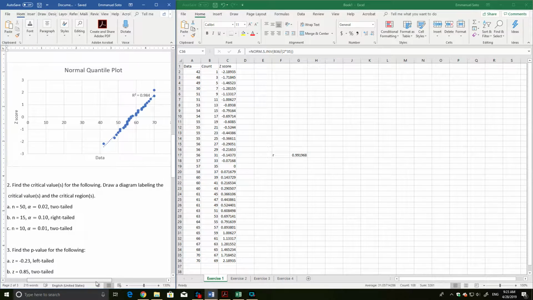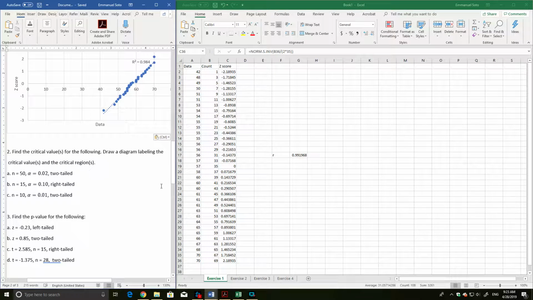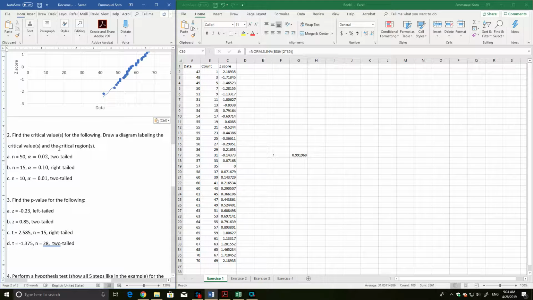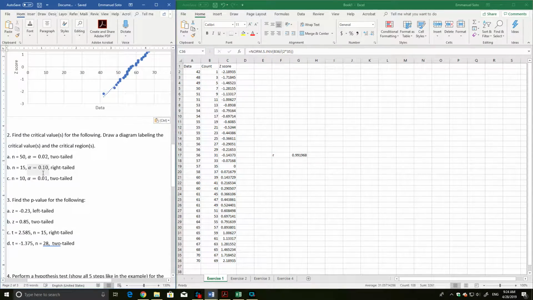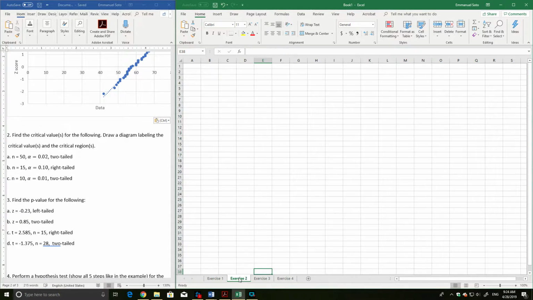And then for number two, we want to find the critical value for the following. We want to draw a diagram labeling the critical values and the critical regions. So what we want to do is determine if we're using a z-test or a t-test here. Let's go to exercise 2.